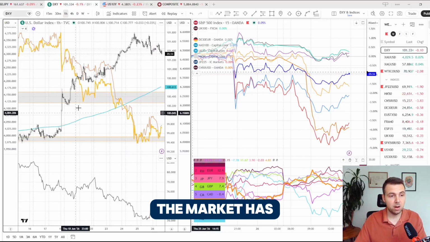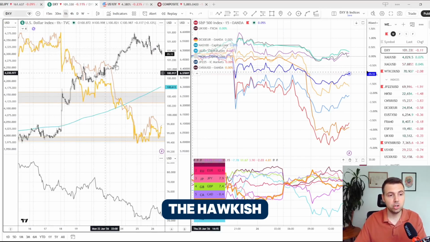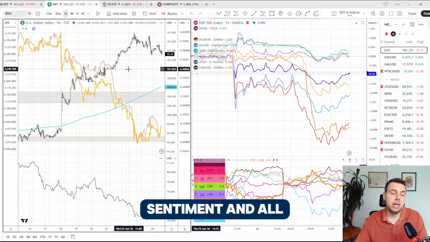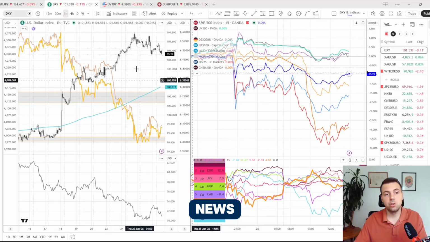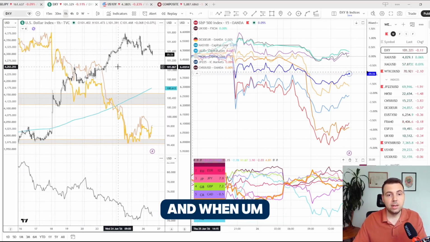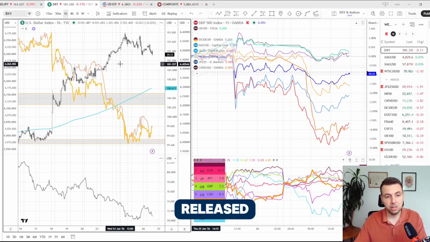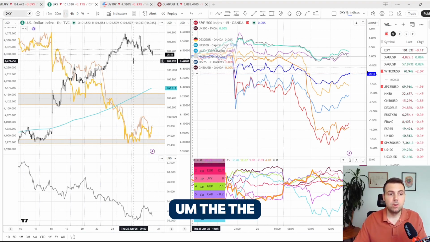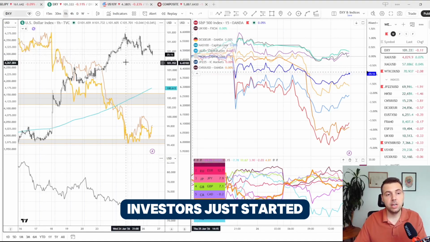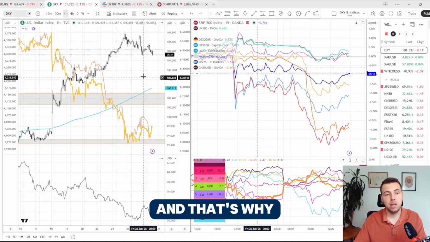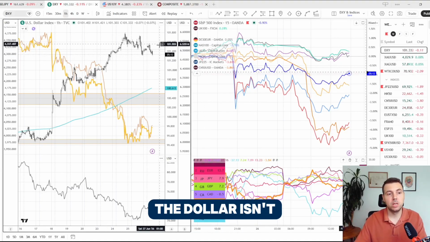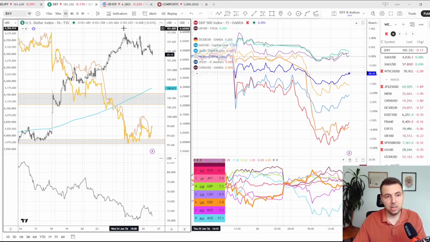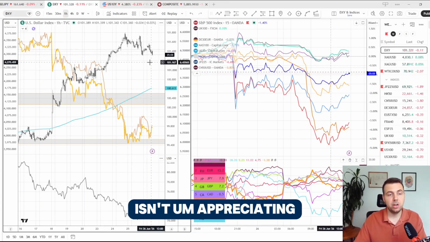So the market has been pricing in the hawkish sentiment and all sorts of hawkish news. And when the data was released, the investors just started taking profits, and that's why the dollar isn't appreciating anymore.